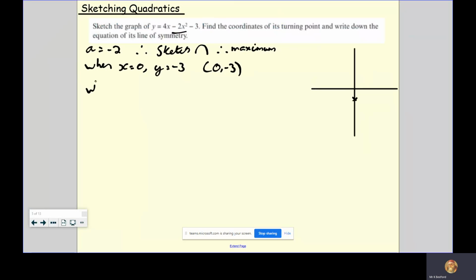Similarly, I'm going to do when y equals 0, I need to find out what x is. So by looking at my graph, I've got y equals -2x squared plus 4x minus 3. It doesn't look like it's going to factorize very nicely. So I'm just going to use the quadratic formula or use my calculator.